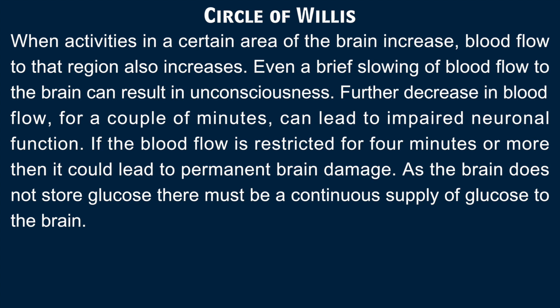Further, decrease in blood flow for a couple of minutes can lead to impaired neuronal function. If the blood flow is restricted for 4 minutes or more, then it could lead to permanent brain damage. As the brain does not store glucose, there must be a continuous supply of glucose to the brain.